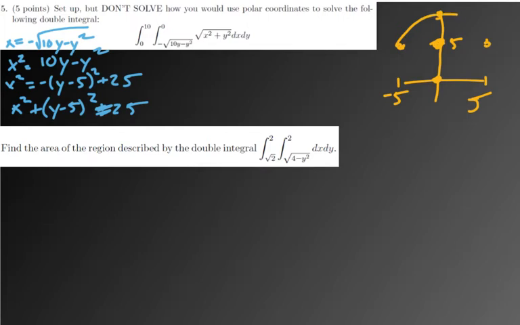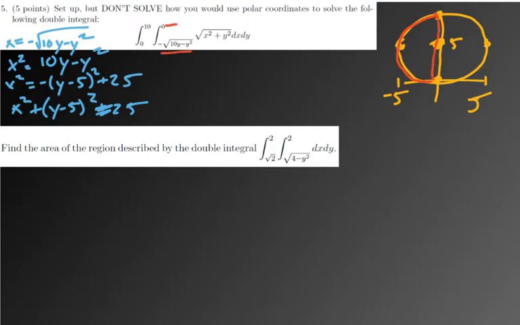So you've got a circle, but if you look at the way this was given, the x integral goes from the negative square root to 0. The negative square root would be this part of the circle. The positive square root would be here, but we don't want that one, so I'm going to get rid of it. So we're going from the negative square root part of this circle over to 0, from here to here.